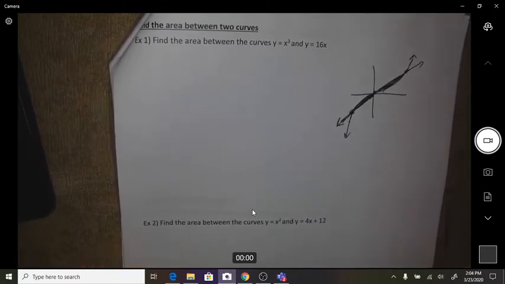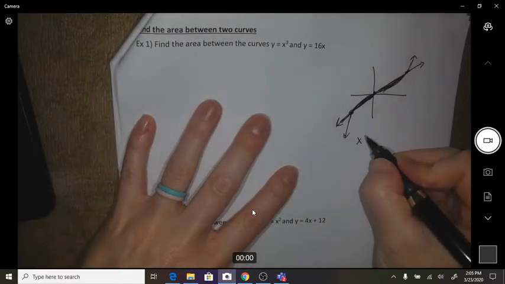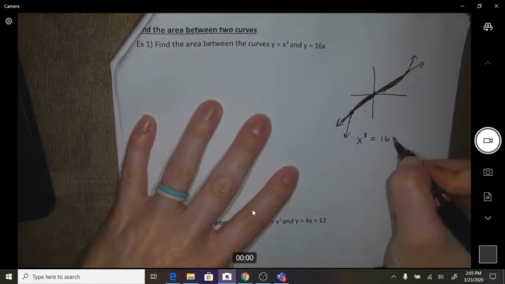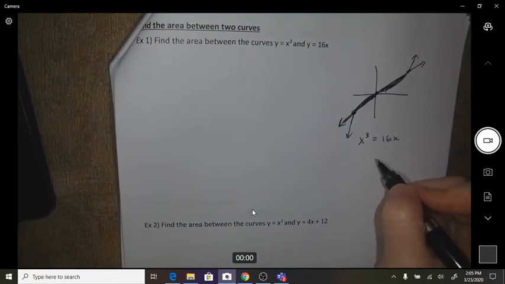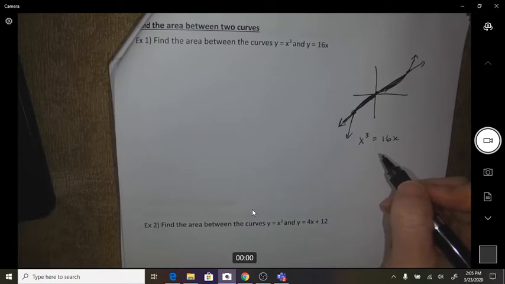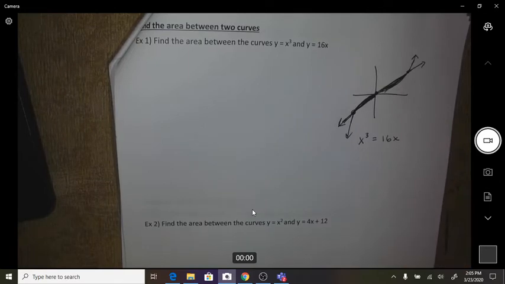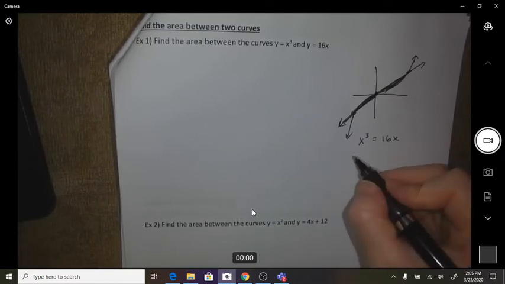Okay, so we have to figure out where these functions equal each other. So where is x cubed equal to 16x? If your first instinct here is to divide the x out, I don't recommend that, because that's going to eliminate one of your possible solutions.